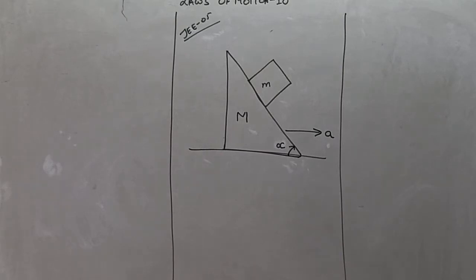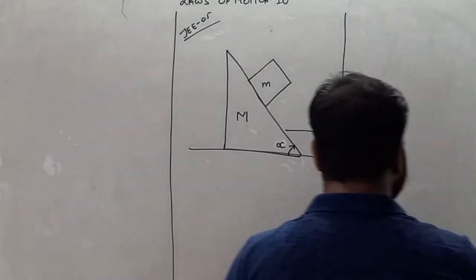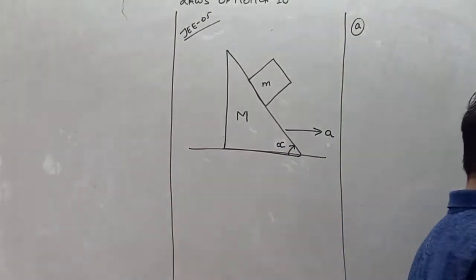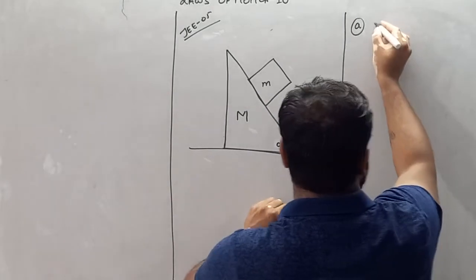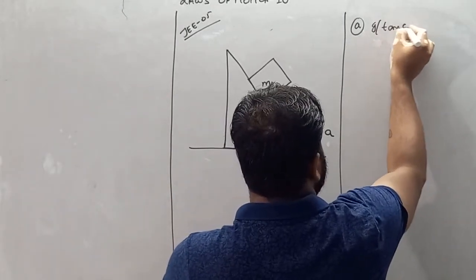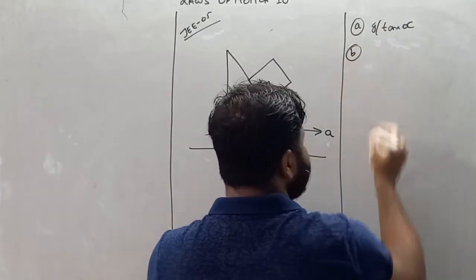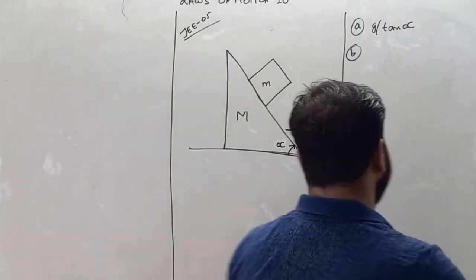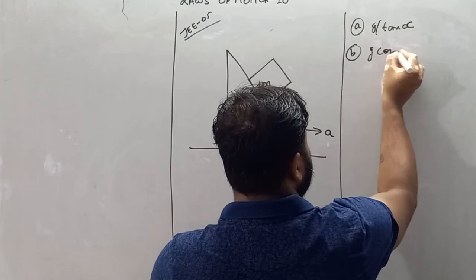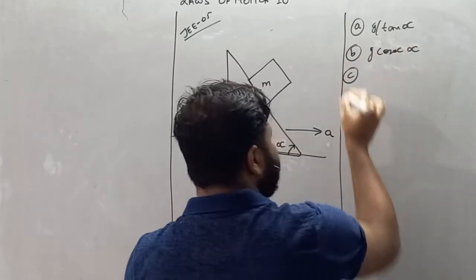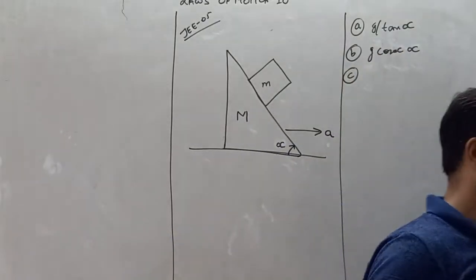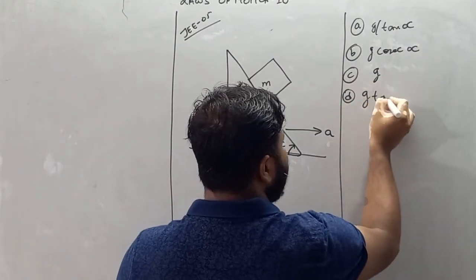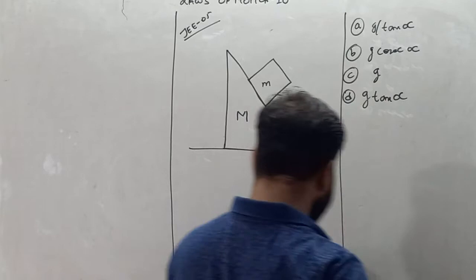Your options are: A option is g sin alpha, B option is g cosec alpha, C option is g, and D option is g tan alpha.